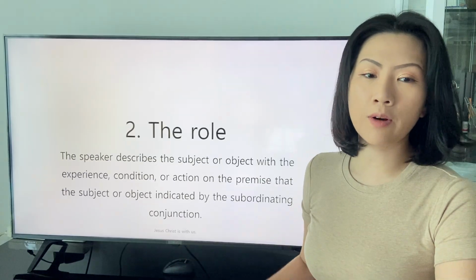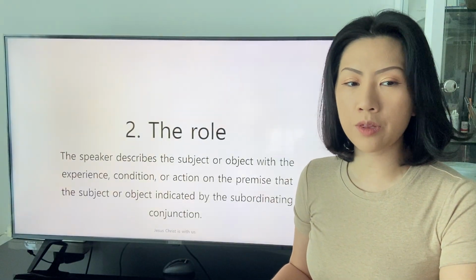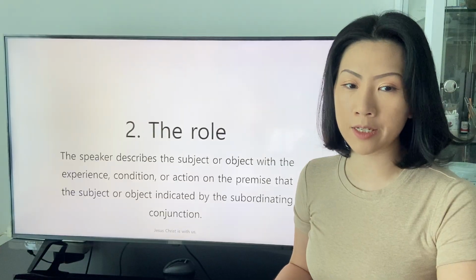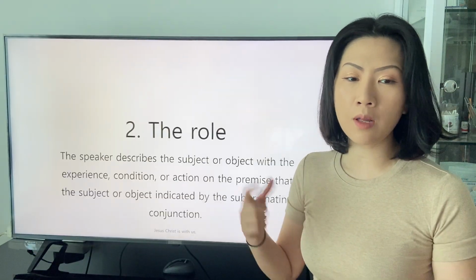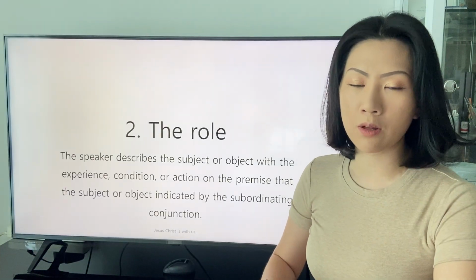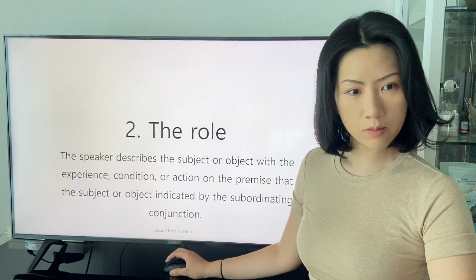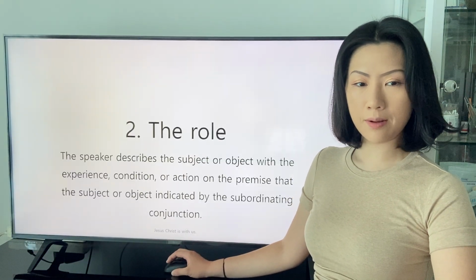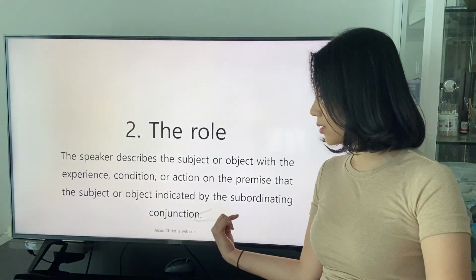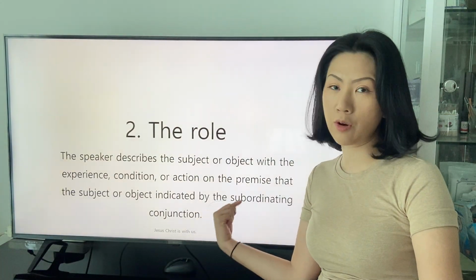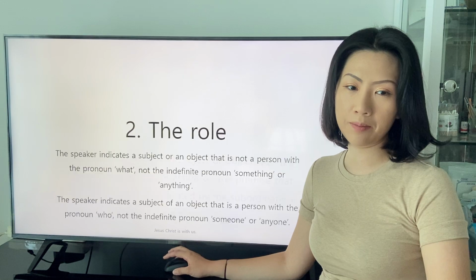The speaker describes the subject or object with the experience, condition, or action on the premise that the subject or object indicated by the subordinating conjunction exists. We have to add the general verb.